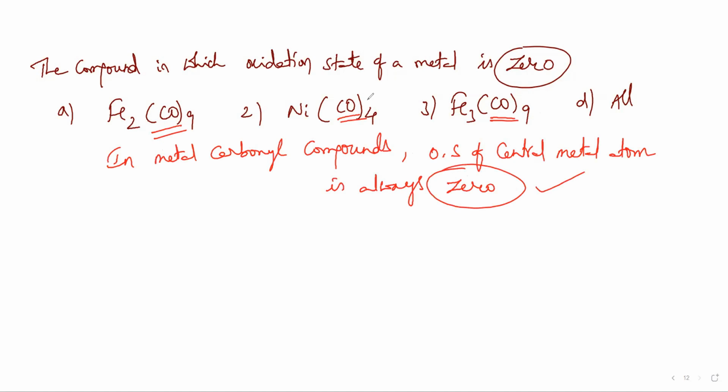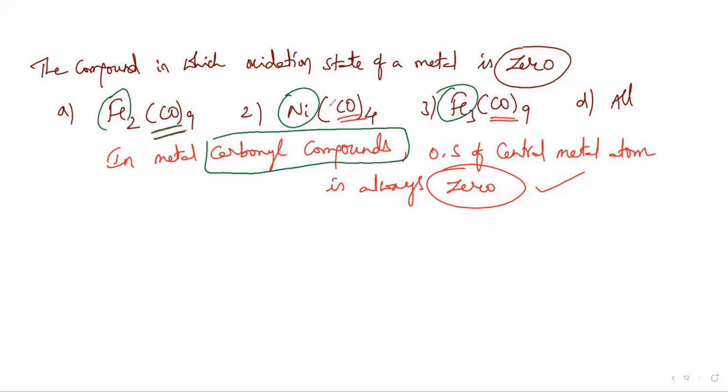So in any metal carbonyl compounds, oxidation state of central metal atom is always zero. So what is central metal atom in all these cases? Iron. Here it is nickel, here it is iron. So all are combining with carbonyl group. So in all these cases, central atom oxidation state is zero. So what will be your answer? All.